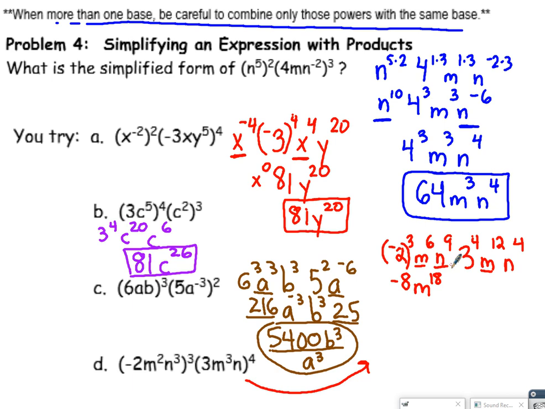N to the 9th, n to the 4th, I get n to the 13th. And 3 to the 4th power, as we've seen before, is 81. I now have to multiply negative 8 times 81 to get negative 648, m to the 18th, n to the 13th.